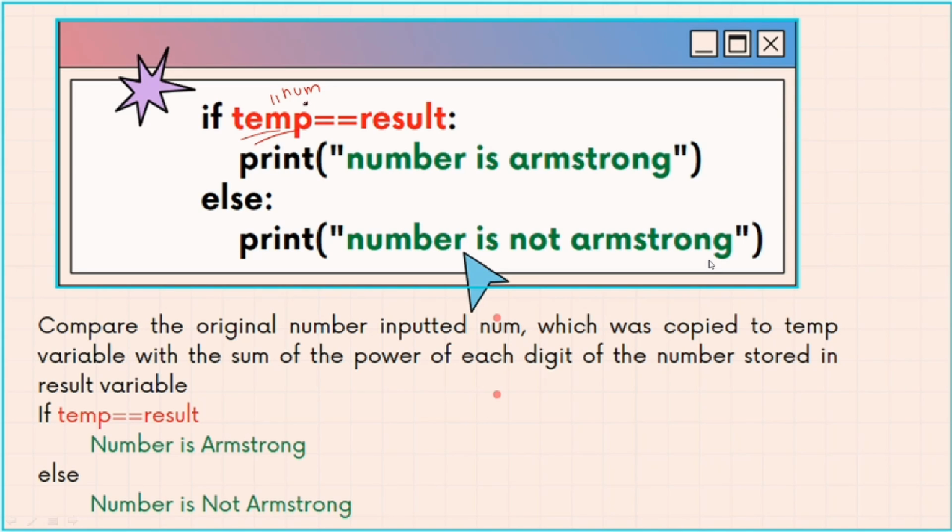So the user had given 153 and it's there in the temp, and the result is also 153. Both are equal, so we will say yes, the number is Armstrong. If they are not equal, we would have said no, the number is not an Armstrong number.